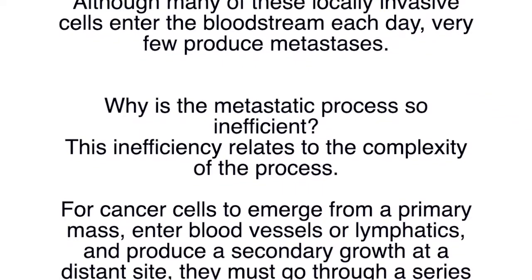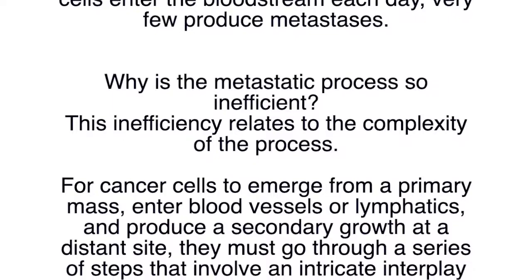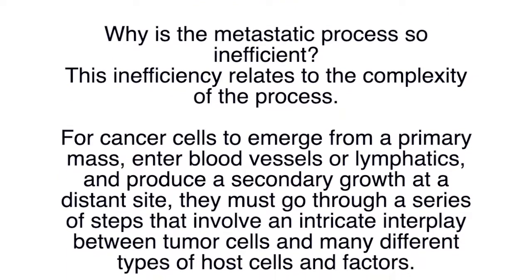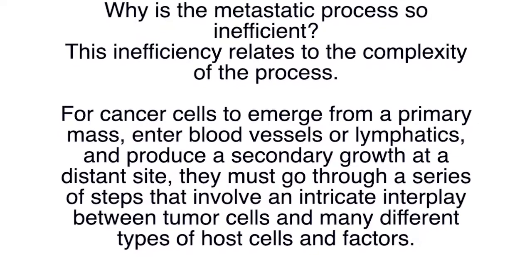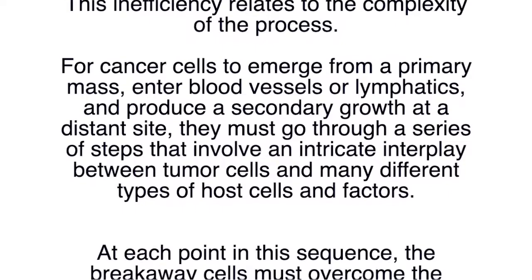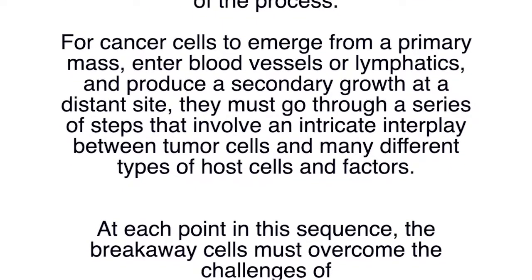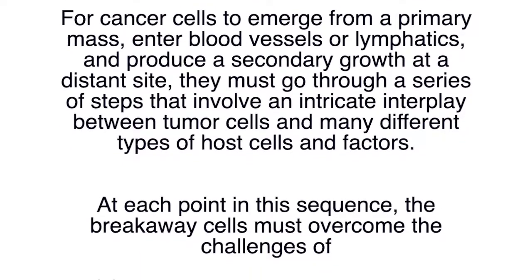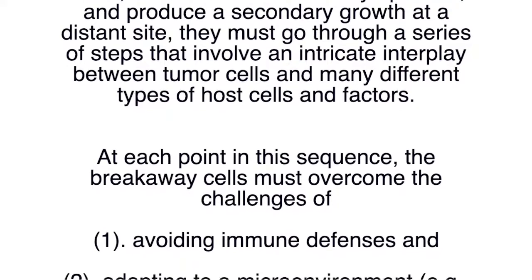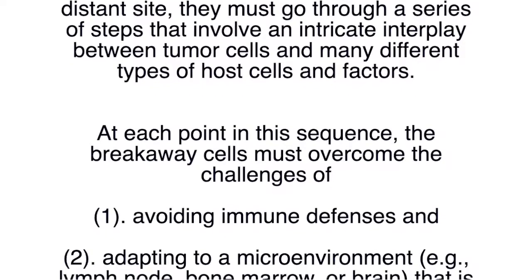For cancer cells to emerge from a primary mass, enter blood vessels or lymphatics, and produce a secondary growth at a distant site, they must go through a series of steps that involve an intricate interplay between tumor cells and many different types of host cells and factors.